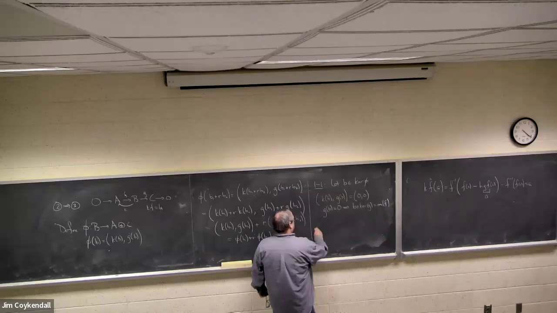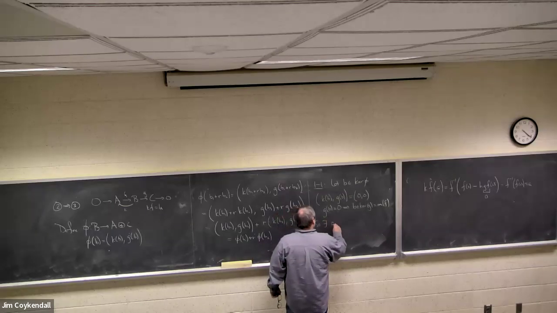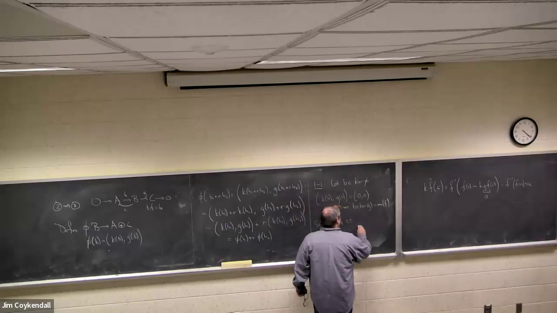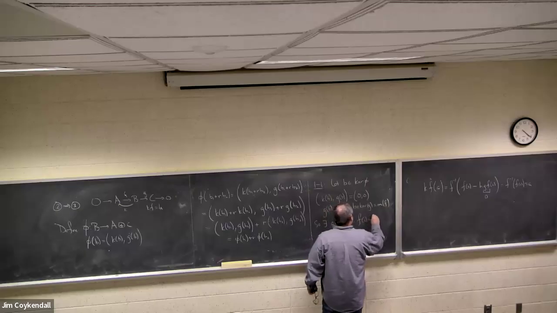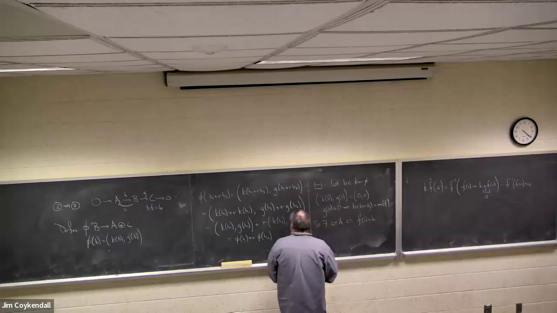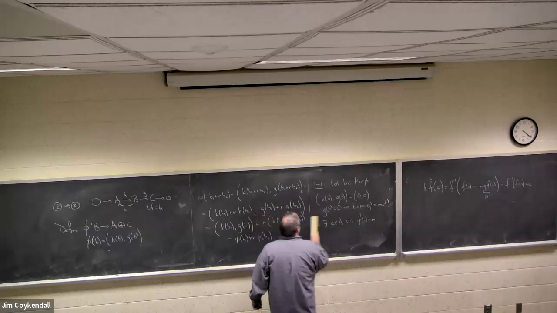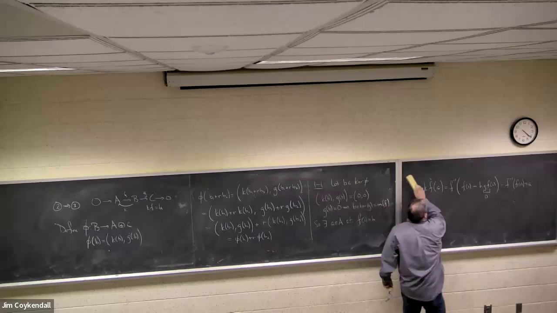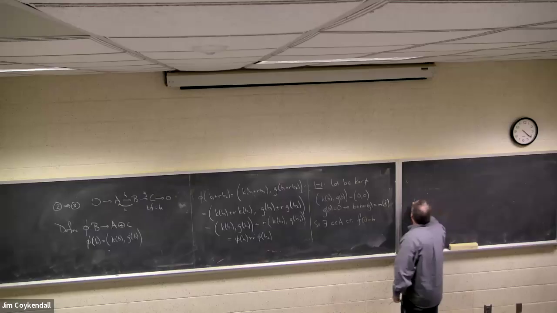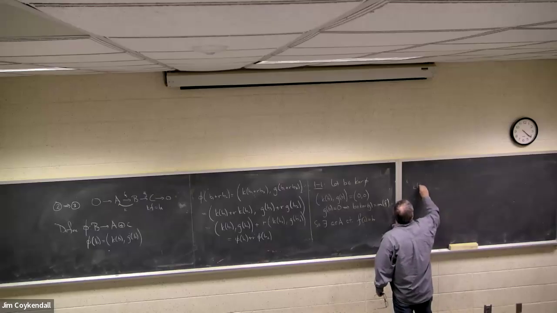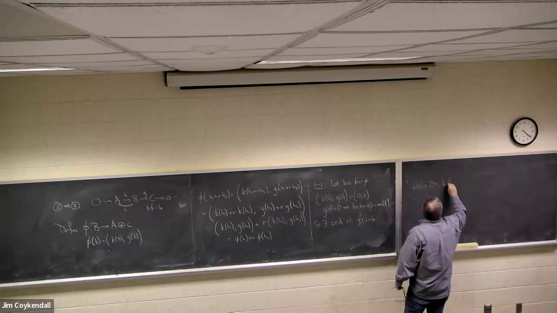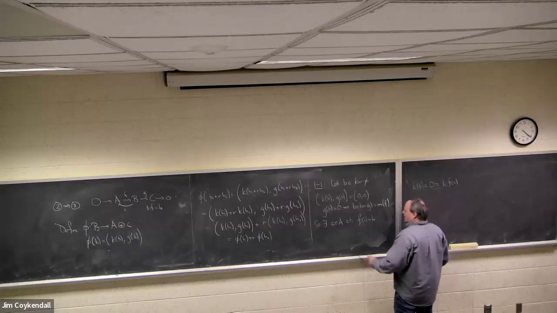So there exists an A in A such that F of A equals B. But now we have the equation K of B equals 0. So let's use this part of what's going on. But I know that B is F of A, right?